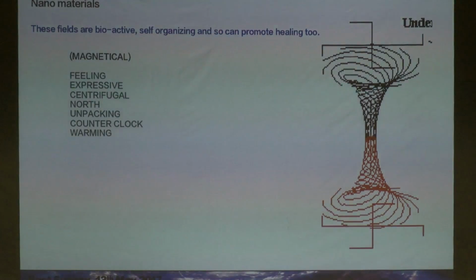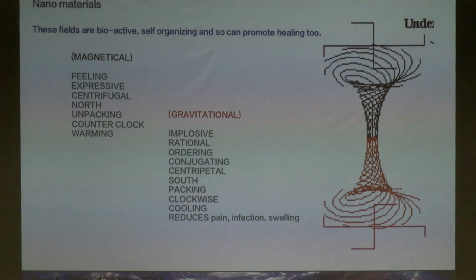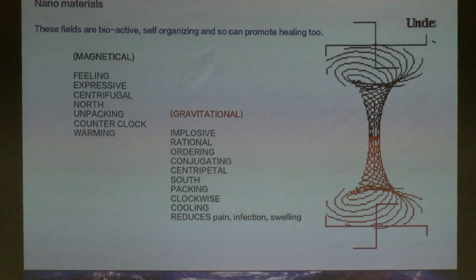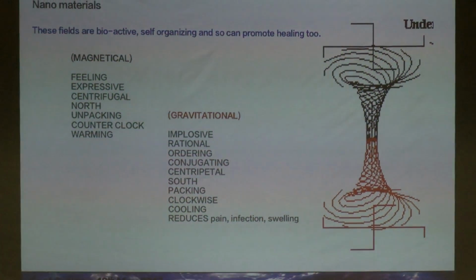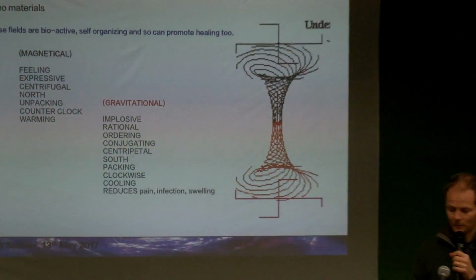It's the expansive state. And the gravitational is the implosive, rational, ordering, conjugating, centripetal, all these words we have for these qualities of elements. And so everything has one or the other of these qualities, and then the rest of life is just trying to find the balance between them.